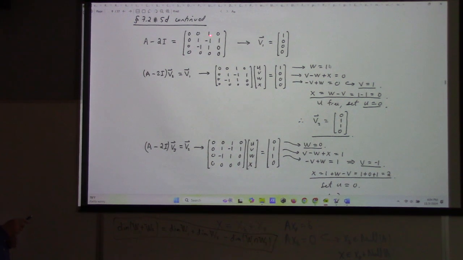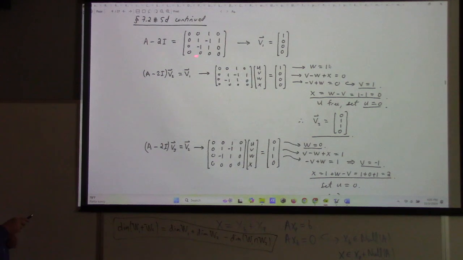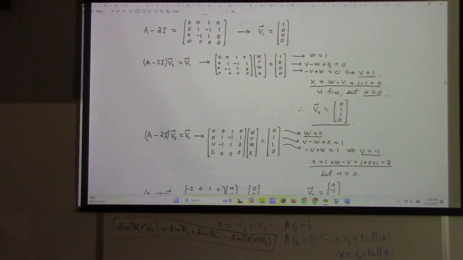Once I know the third component's 0, this tells me the second component's 0. If I know that the second and third components are 0, that makes the fourth component 0. And there's nothing on the first one. So I could just look at this and think and see that the eigenvector is just that. I don't need to work out the row reductions if I don't want to. You are also free to think.